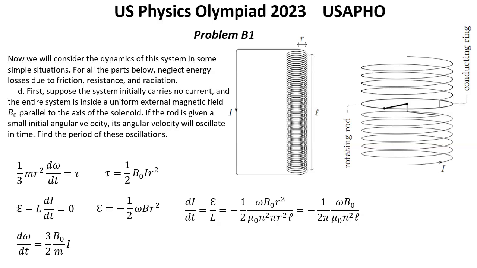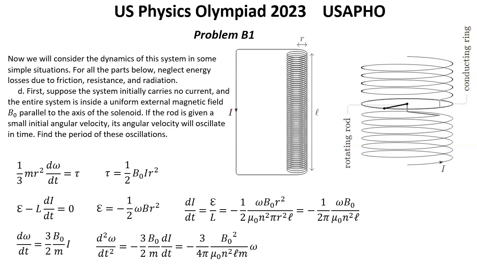And now we can take the first derivative with respect to time of this expression, and using the expression for delta I over delta t, we have the second derivative of omega equal to this expression.